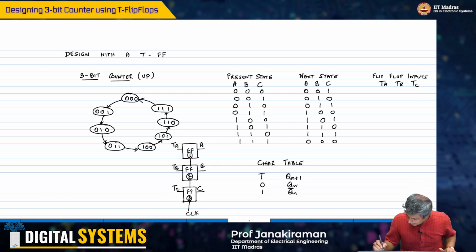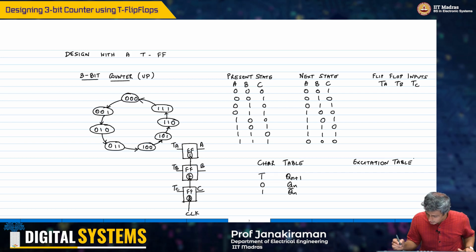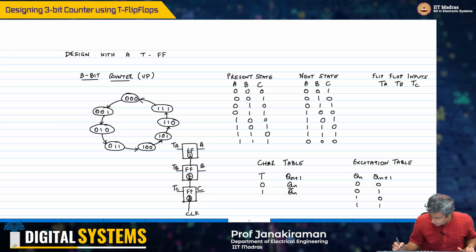And so you can build an excitation table, which is basically current state and next state, 0 0, 0 1, 1 0, 1 1, and then you tell me what the input is.